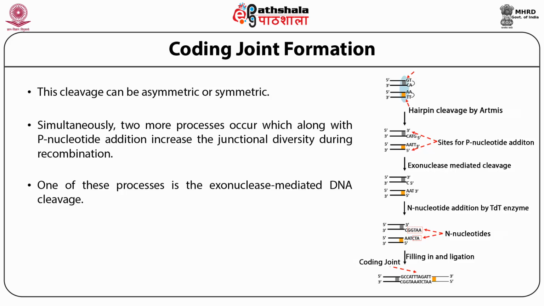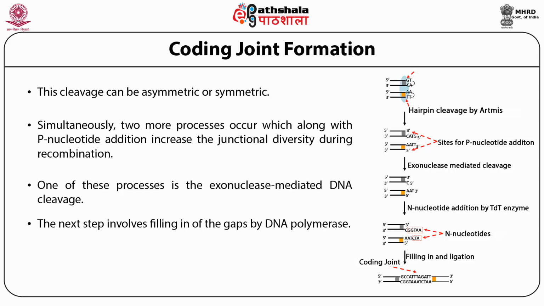The introduction of nucleotide variations by p-nucleotide addition, exonuclease cleavage, and N-nucleotide addition at the junction between two genes during somatic recombination is known as junctional diversity or junctional flexibility. Remember that junctional diversity is different from combinatorial diversity. The next step involves filling in of the gaps by DNA polymerase.